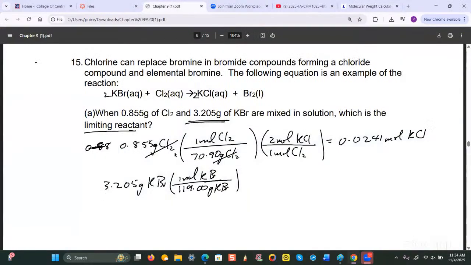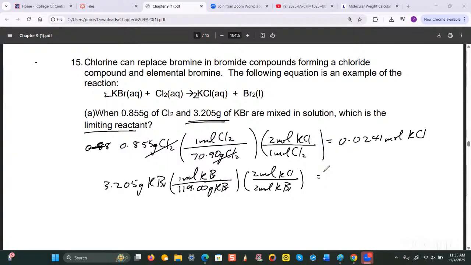The next step is where, again, we look at the mole ratio between, in this case, the KBr and the product potassium chloride, right? And that is a 1-to-1 mole ratio, or 2-to-2, same difference. So here we're going to put 2 moles of KCl above as the numerator and 2 moles of KBr down here as the denominator.